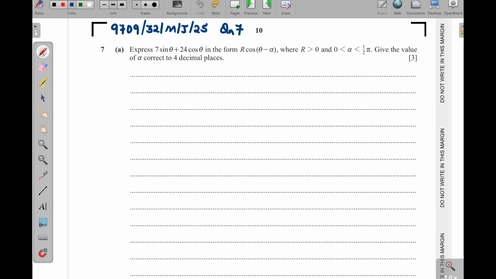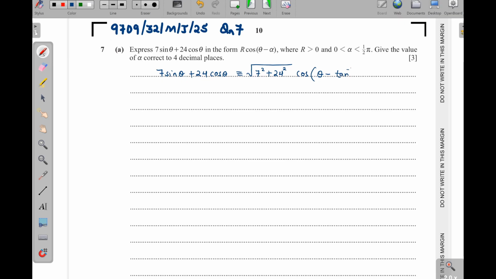Okay, so we have 7 sine theta plus 24 cosine theta. This has to be equal to, we have the 7 as the coefficient of sine, so I will say 7 squared, then plus the coefficient of cosine, which is 24, so I'll put 24 squared, then the cosine of theta minus alpha.